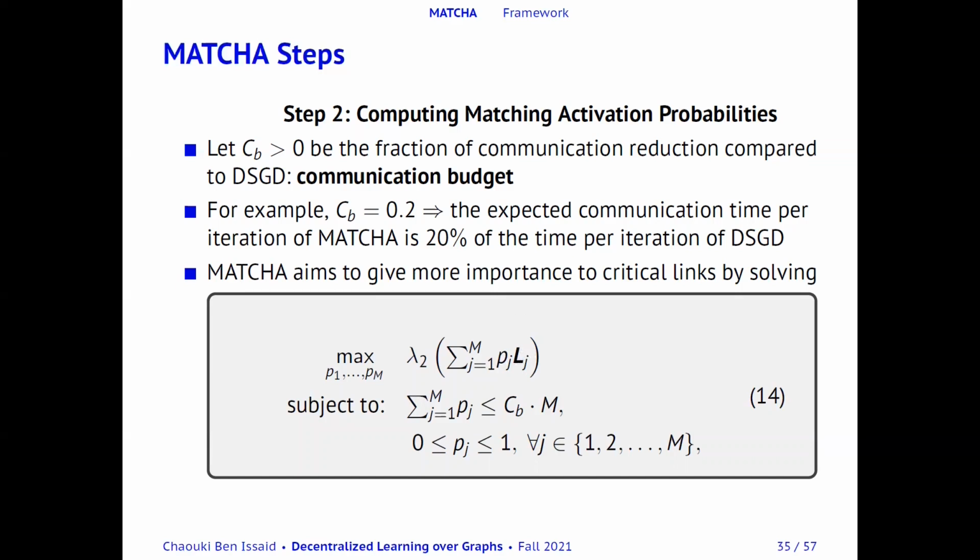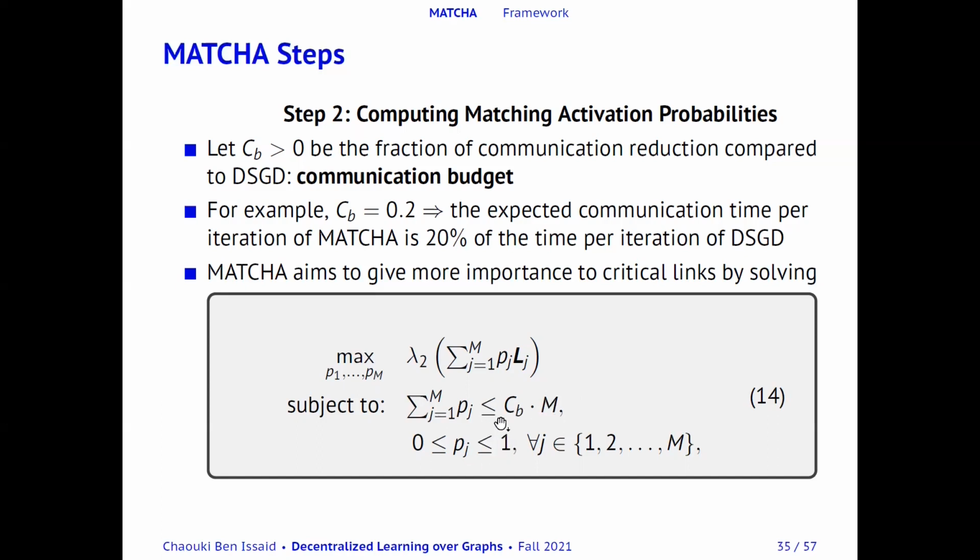The first constraint is that we want the expected communication time per iteration to be less than CB times the expected communication time per iteration of vanilla decentralized SGD, which is equal to M in our case.